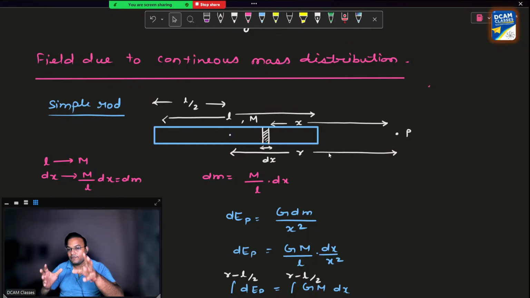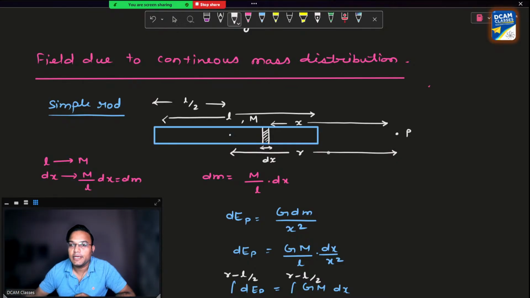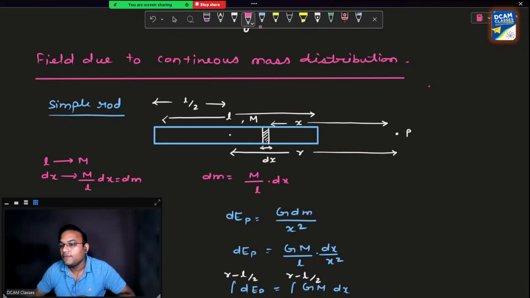And here we are trying to find the field due to this whole rod at a point P. See, if you ask me the difference, I'll write it here. In that case, we have assumed there is an elemental mass dm at a distance of x.